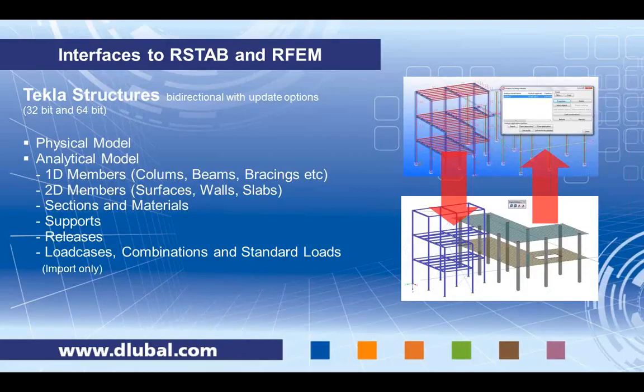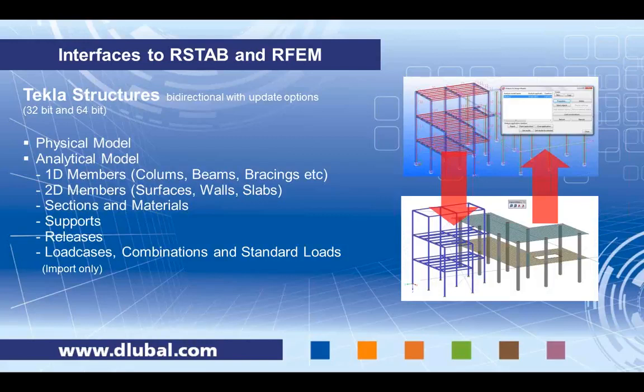So in the analytical model, we have to overcome this gap and provide a connection, basically bring together all load-carrying parts in one structural wireframe model. And it's a mechanically correct model that may include 1D members like columns, beams, or bracings. It may include walls, slabs, or other surfaces.